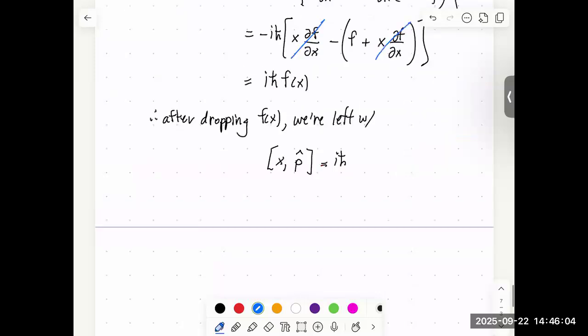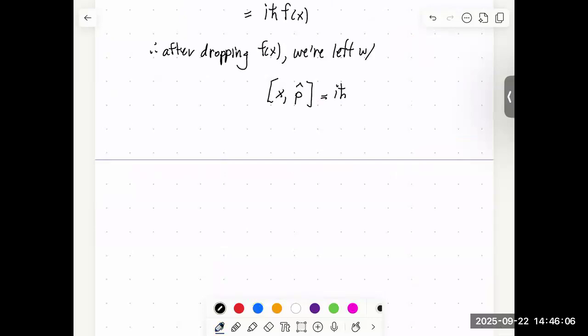So yeah, it was i h bar. So now we return to star and use the x p hat commutator relation, which is i h bar.